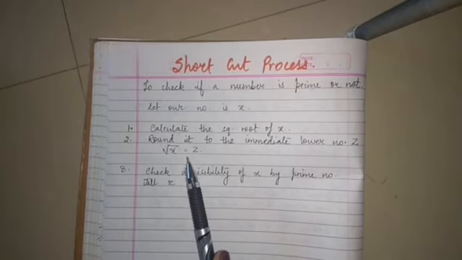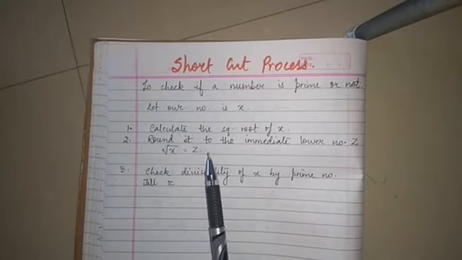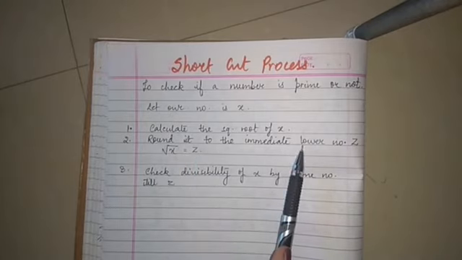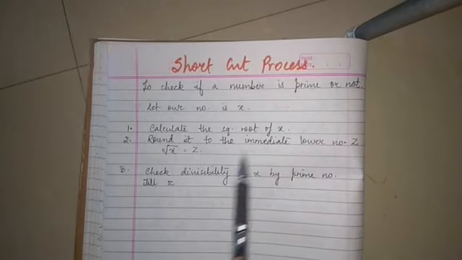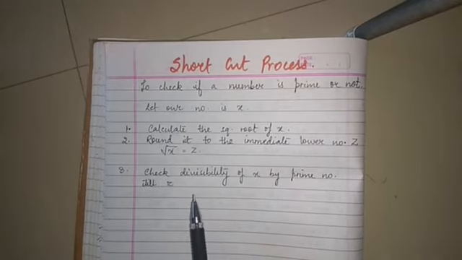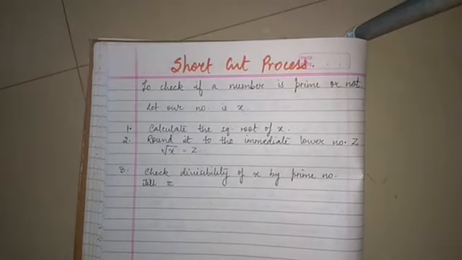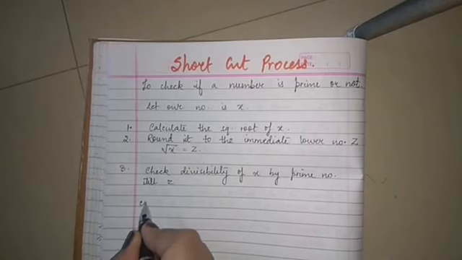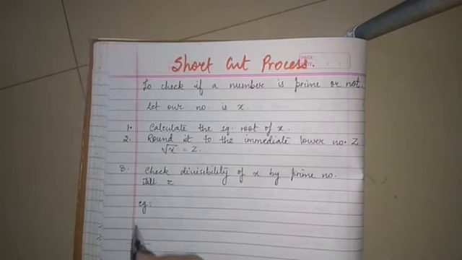Now let's suppose the number is 12.56, again we will round it to 12 because we need to round it to the immediate lower number z. Then the third step is to check the divisibility of x by all the prime numbers up to z. Let's check it with an example.